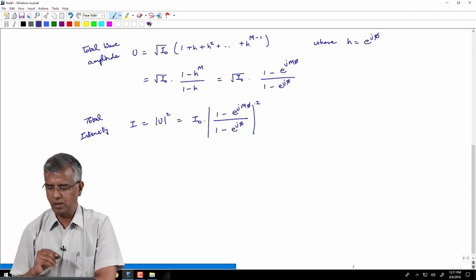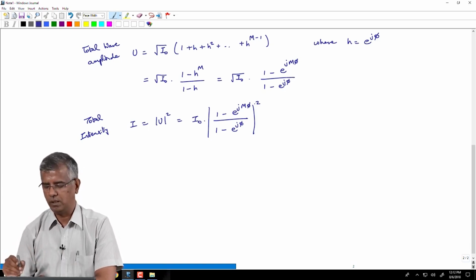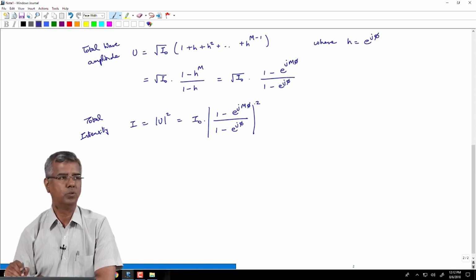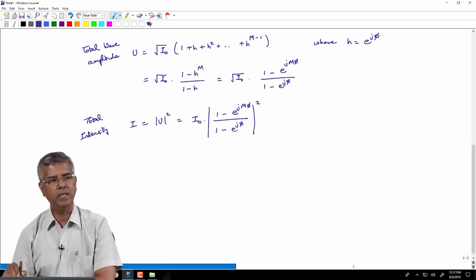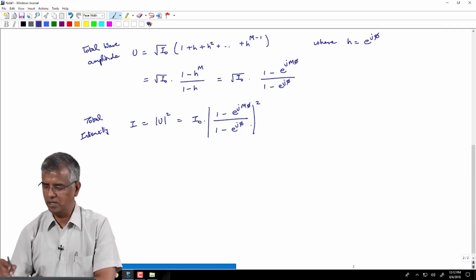I am going to do a small trick over here. I will take e power j M phi by 2 outside from the numerator as a common term, and similarly I will take e power j phi by 2 as a common term in the denominator.